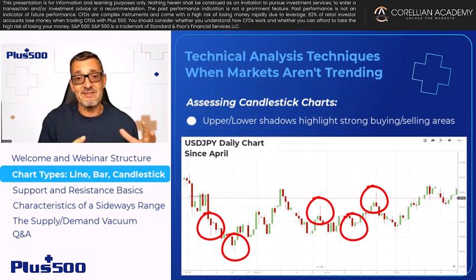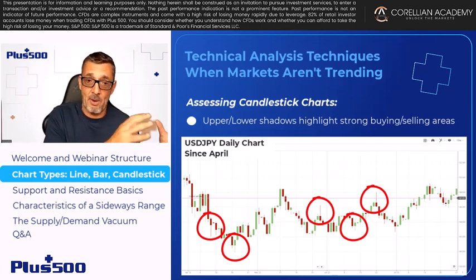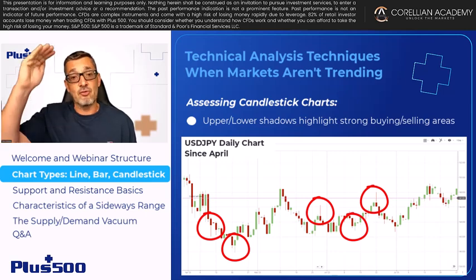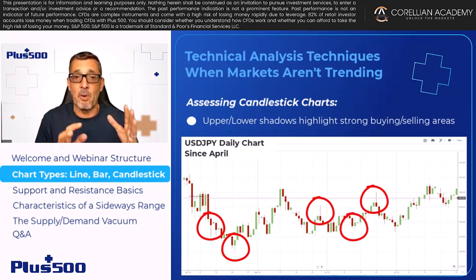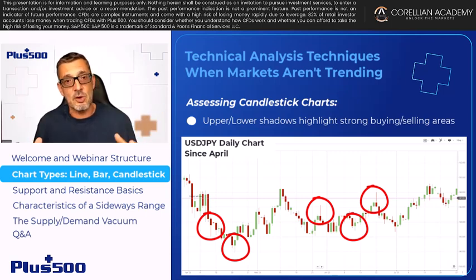These shadows make it easy for traders to assess where strong buying or selling has been found, as rejections from highs or lows leave a longer upper or lower shadow on the candlestick chart. These highs and lows also provide an insight into support and resistance levels to look for in the price action of a particular CFD, something that is so important to be aware of when you're trading.